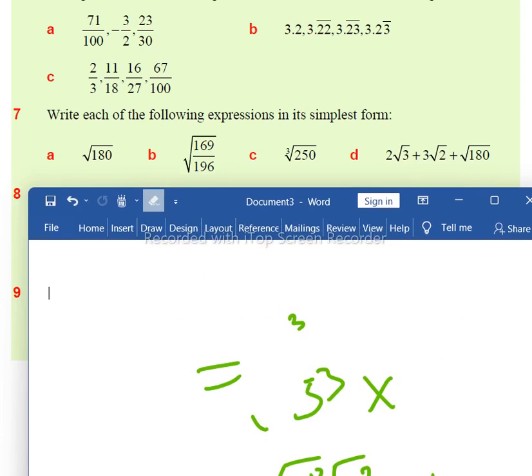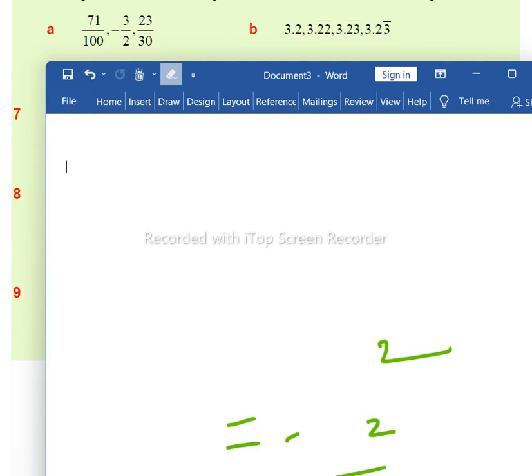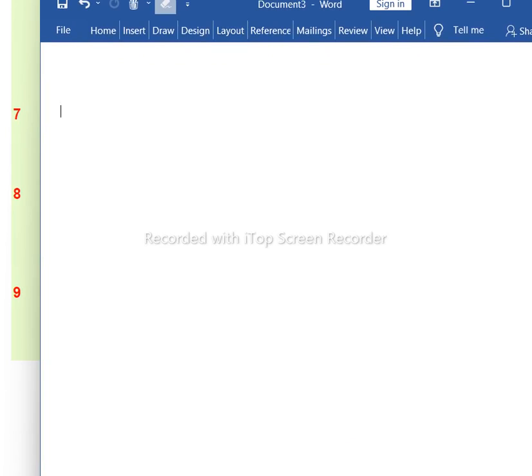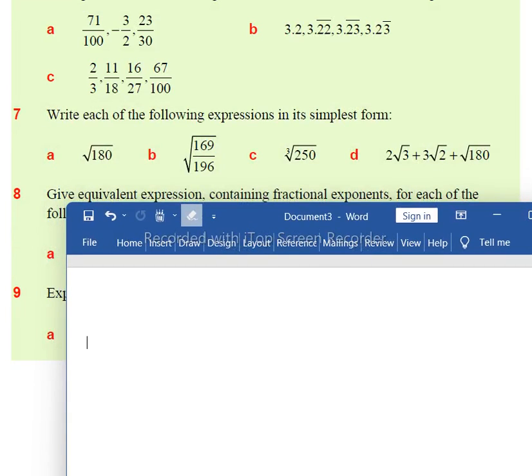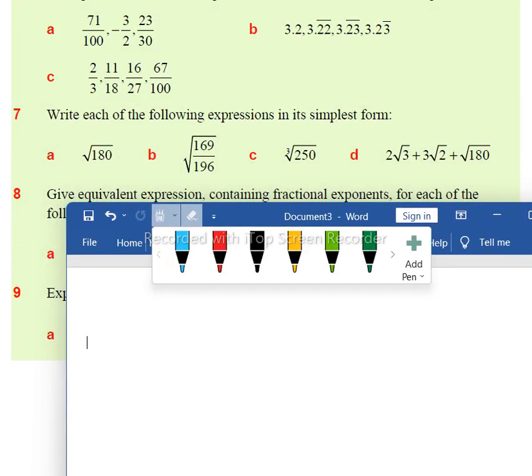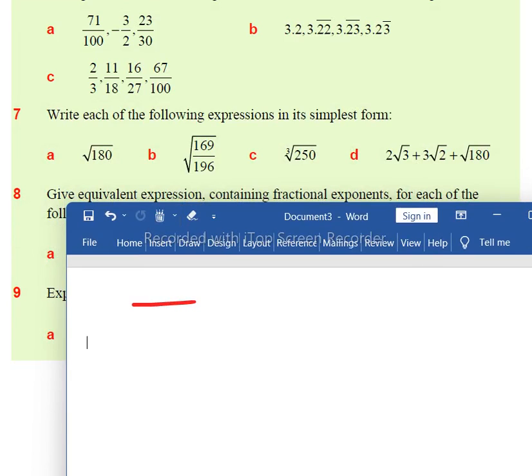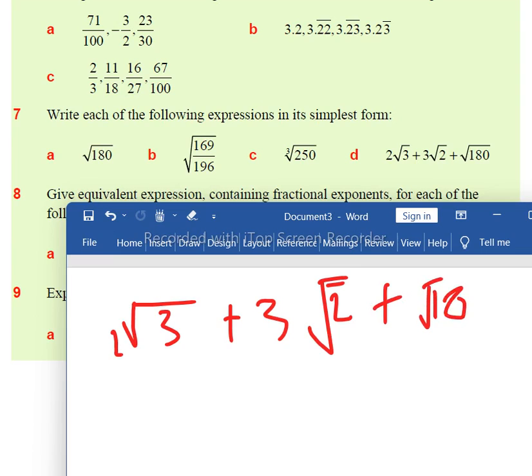Okay, let us do letter D. Let us see D, and we move to question number 8. Okay, D says that the given question is 2 square root of 3 plus 3 square root of 2, and again we have the square root of 180.